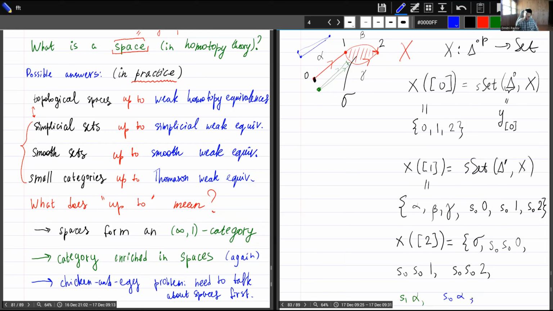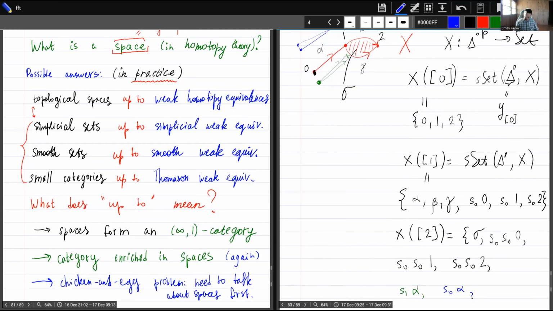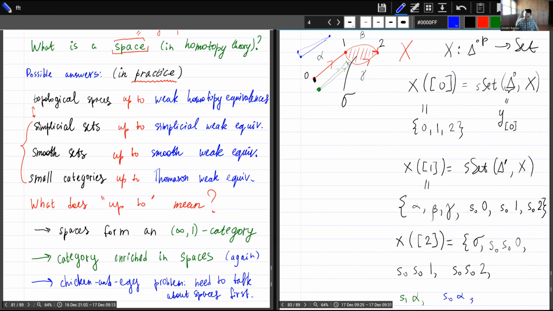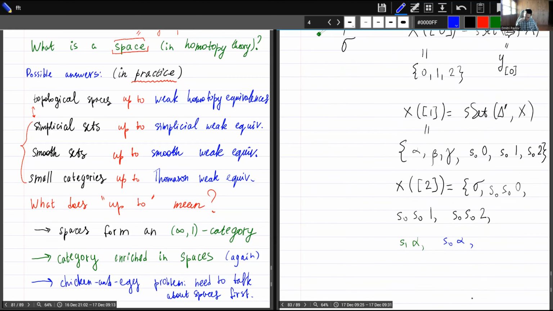And as you can imagine, you can draw similar pictures for the other three: beta, gamma, delta. And this completes the enumeration of our simplicial set.